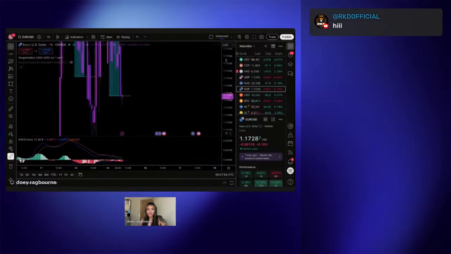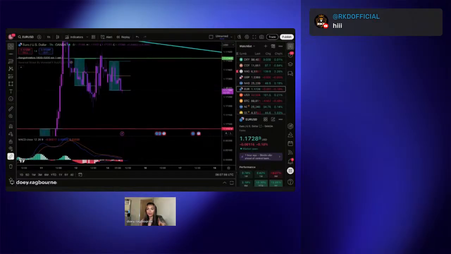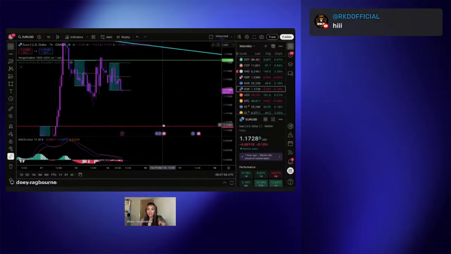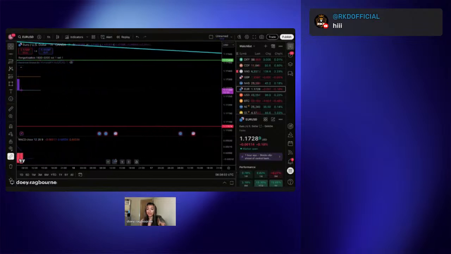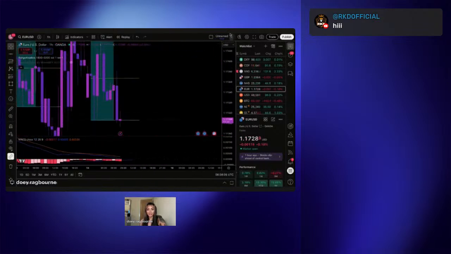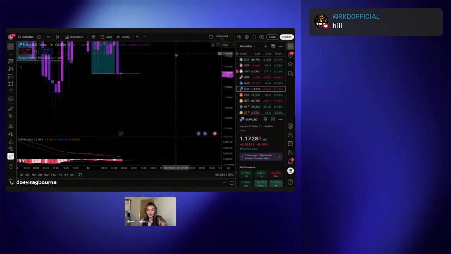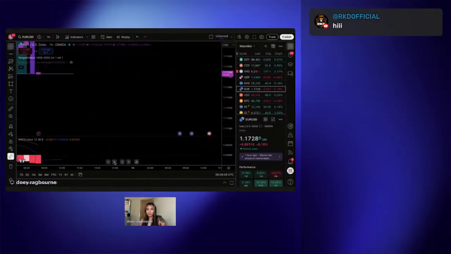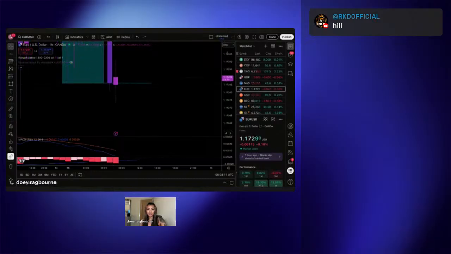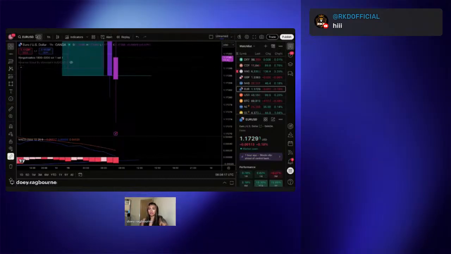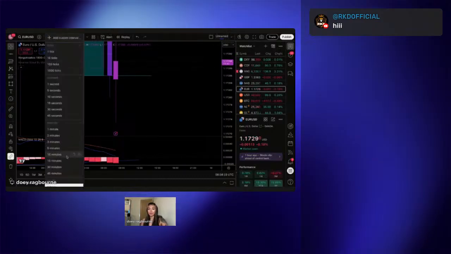If we have a look at the 1 hour on Euro USD, we've had potentially a slight breakout of Asia lows. It's very, very slight though. I do feel like we have room to come down. We didn't fully break out of Asia lows, so we may have a bit of a pullback here.